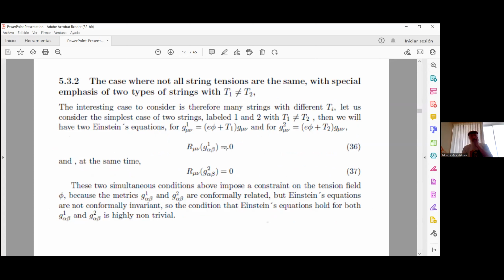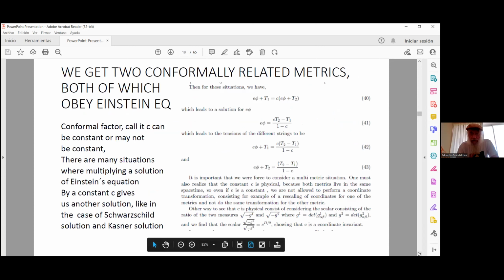But notice this is very non-trivial because the Einstein equations are not conformally invariant. So if you consider these two equations, it's a non-trivial equation for this new field. For example, you call this conformal factor C. From this equation, you can solve for the field, and then you can solve for the two metrics.